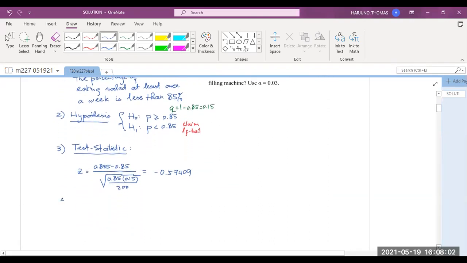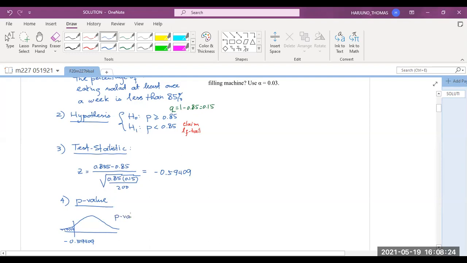Step 4, p-value. That's the standard normal distribution, negative 0.59409. The p-value is the area of that tail.